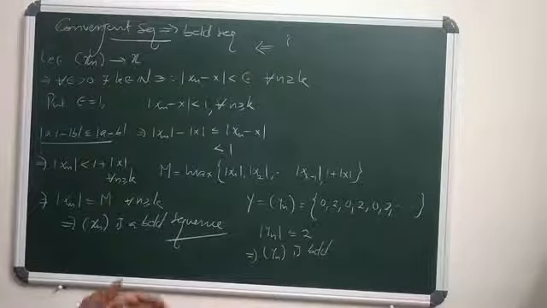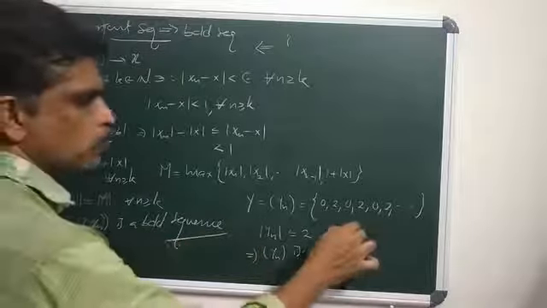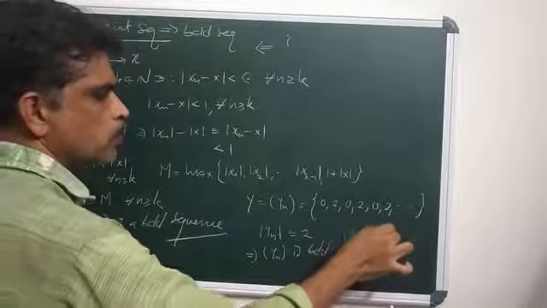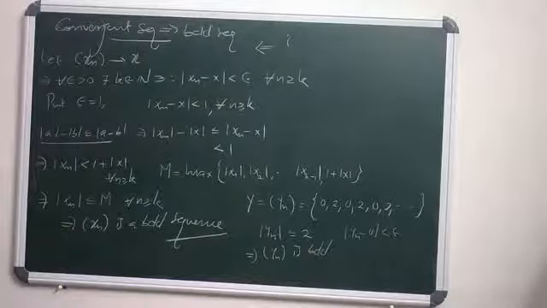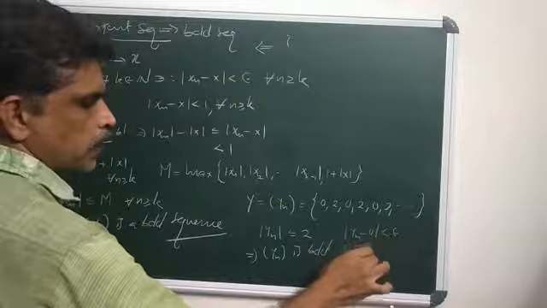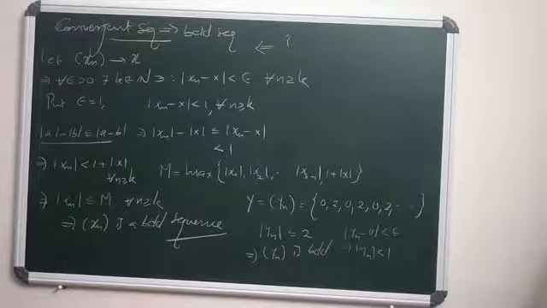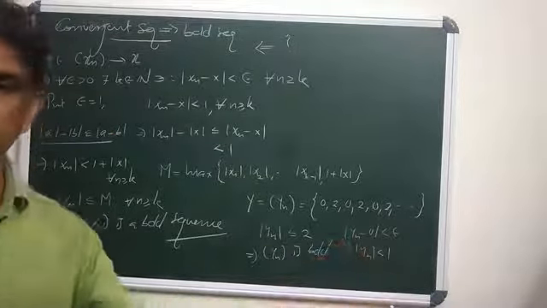Suppose it converges to 0. Then modulus of yn minus 0 is less than epsilon for all n greater than or equal to k. That means mod yn is strictly less than epsilon. Put epsilon equal to 1. Then 2 is less than 1, which is a contradiction.